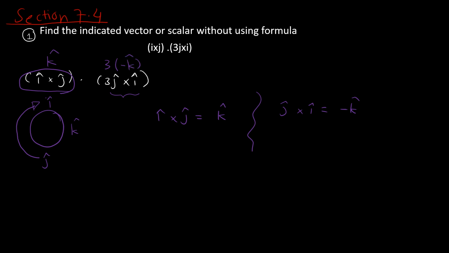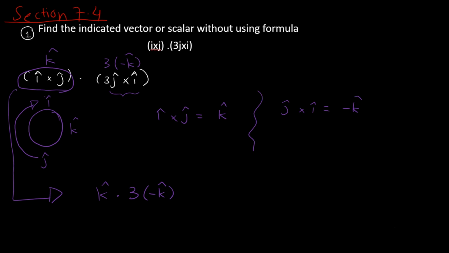Now let's write this in here. We have k hat dot product with 3 times negative k hat. Since these two are multiplying, this gives k hat dot product with k hat, and we can factor out the negative 3.